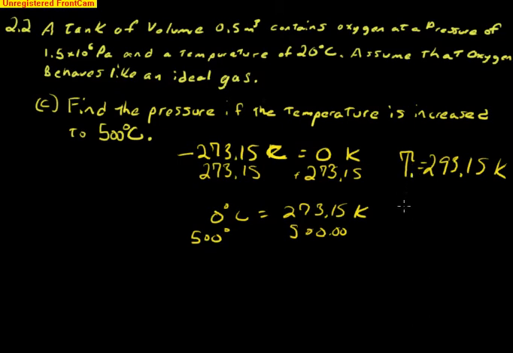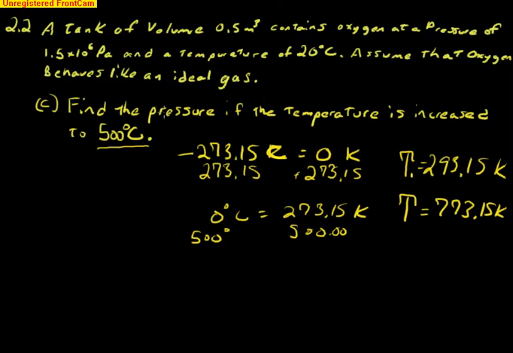So this was our temperature 1, and we're increasing it to 500 degrees Celsius. That gives us an increase to 773.15 Kelvin. Okay, so now we have the correct units in Kelvin for our temperature increase.